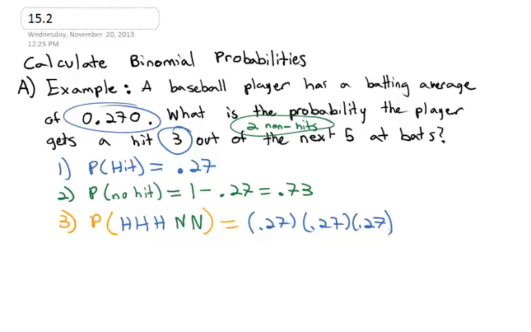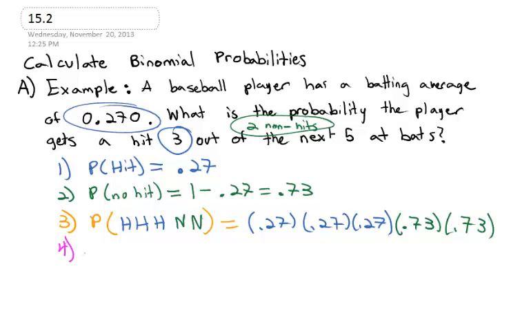We can do that because they are independent events. Getting a hit today does not affect his hit percentage tomorrow. So they're independent, so we can just multiply the individual probabilities. Then we've got the 2 non-hits, which are also independent, assuming that the batting average stays consistent. So his non-hits with a 0.73 probability. And that would tell us the probability he gets a hit, a hit, a hit, a miss, a miss. But that's not really what the problem is asking us to find.